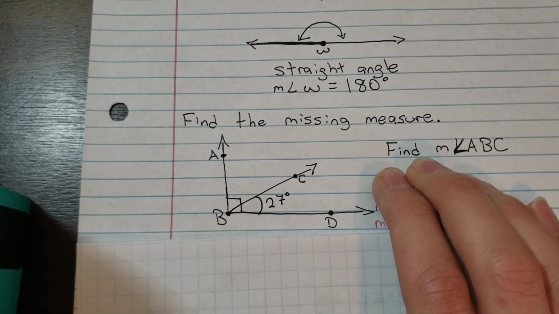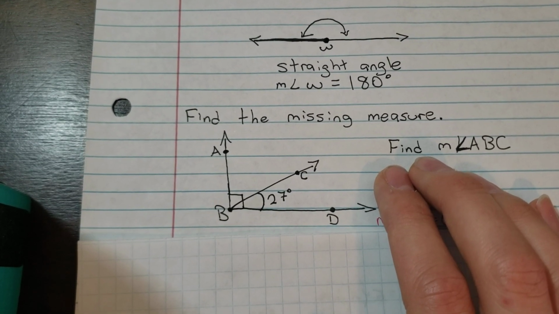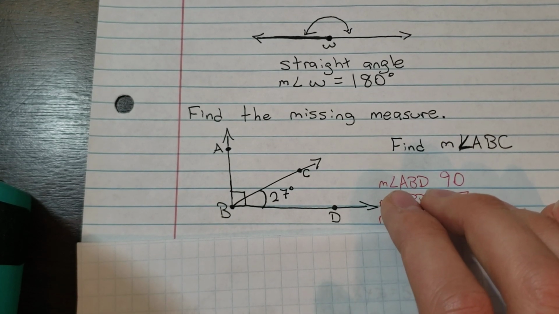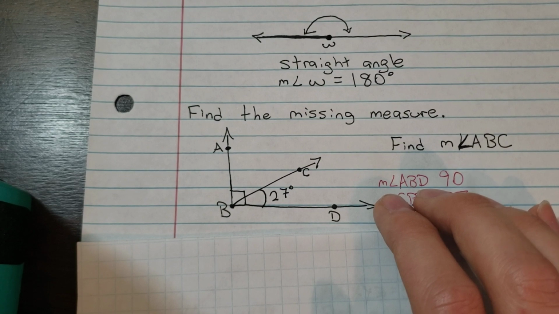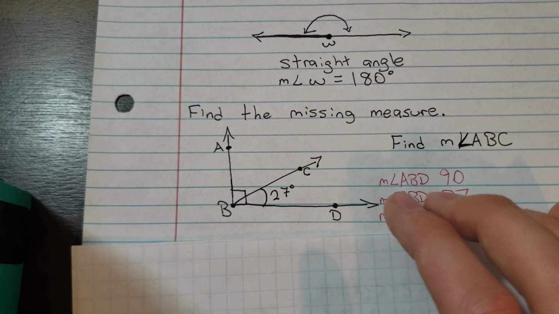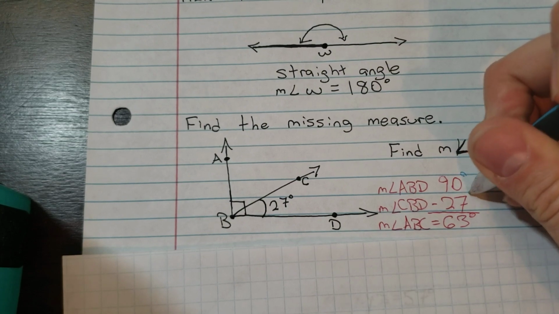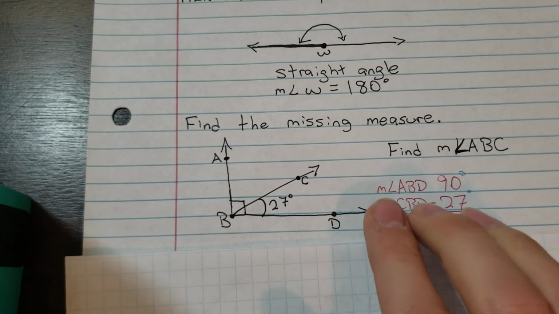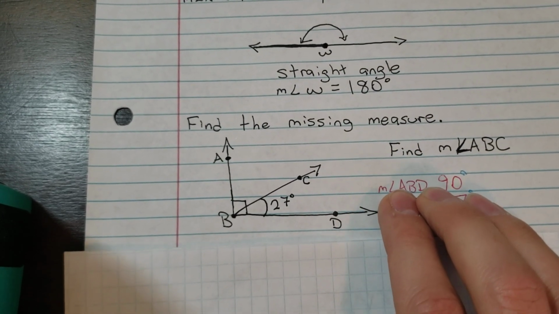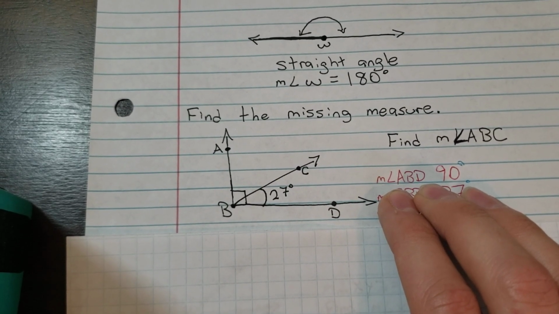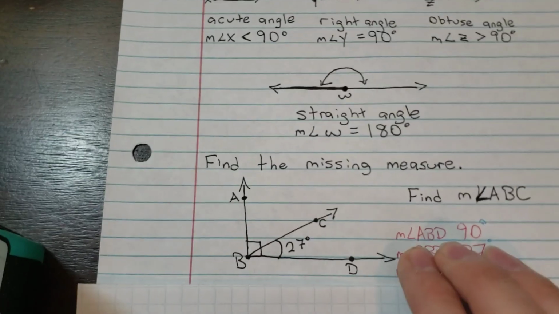We have that angle ABD is 90 degrees. That should say degrees, not just 90. ABD is 90, and we know that it's a right angle. That's what right angles are.